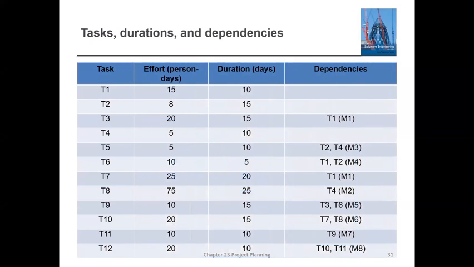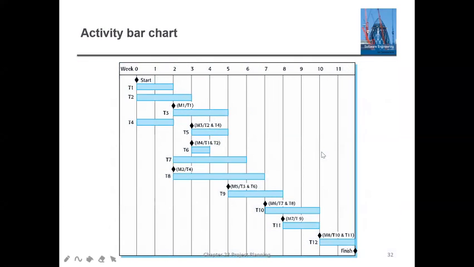But see here, T4 has nothing, right? It means T4 starts from the beginning. T5 is dependent on your T2 and T4, so T5 has to start when both T2 and T4 have finished. T4 is finished here, T2 is finished here, then you start T5. Also note down the milestone M3, which is dependent. That is how you give it.